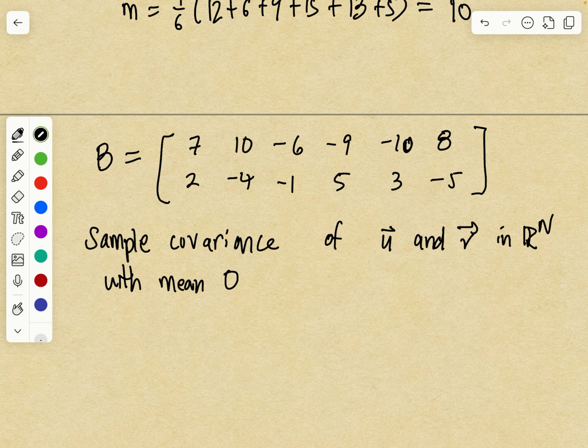I'm assuming that my u and v have mean 0, so that means that if I add the components, I get 0. The sample covariance of u and v in Rn, if u and v have mean 0, is defined to be 1 over n minus 1 times u dot v.